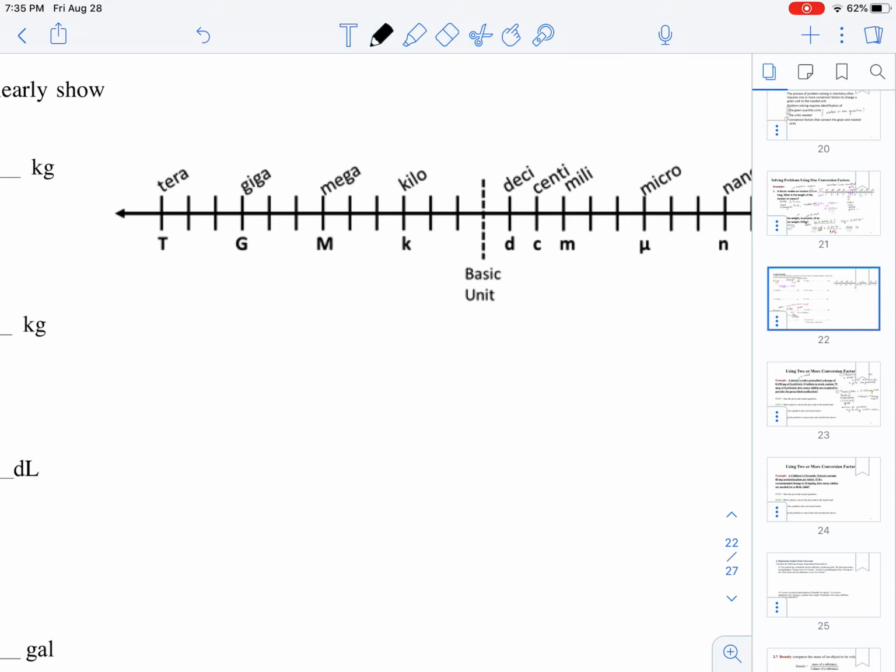So in this case, for our current problem, we are given milli. We need to walk to micro. As you can see, we're going to move that decimal place 1, 2, 3 times from left to right in order to convert the milligrams to micrograms. Let's go back to the problem that we are working on.